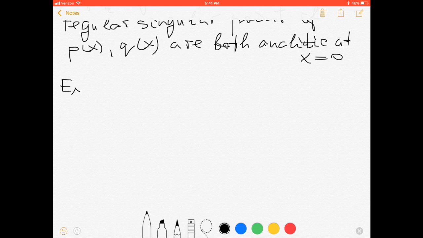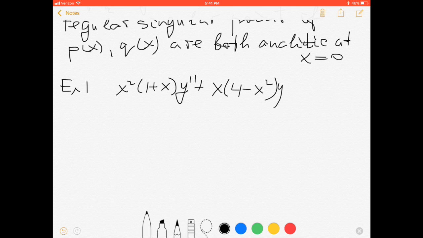Example 1. If you have x squared times (1 plus x) times the second derivative, plus x times (4 minus x squared) times the first derivative, plus (2 plus 3x) times y equals 0, I can rewrite this equation.